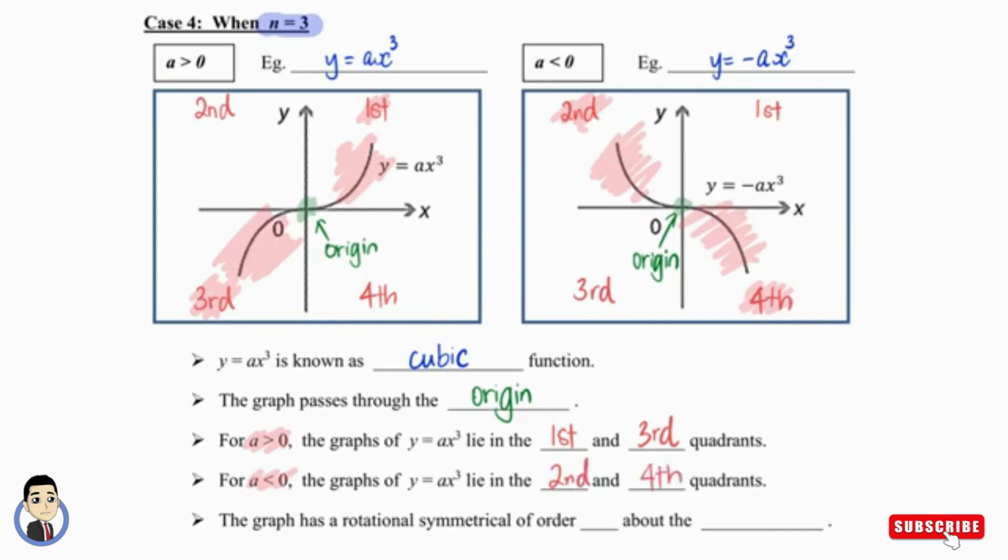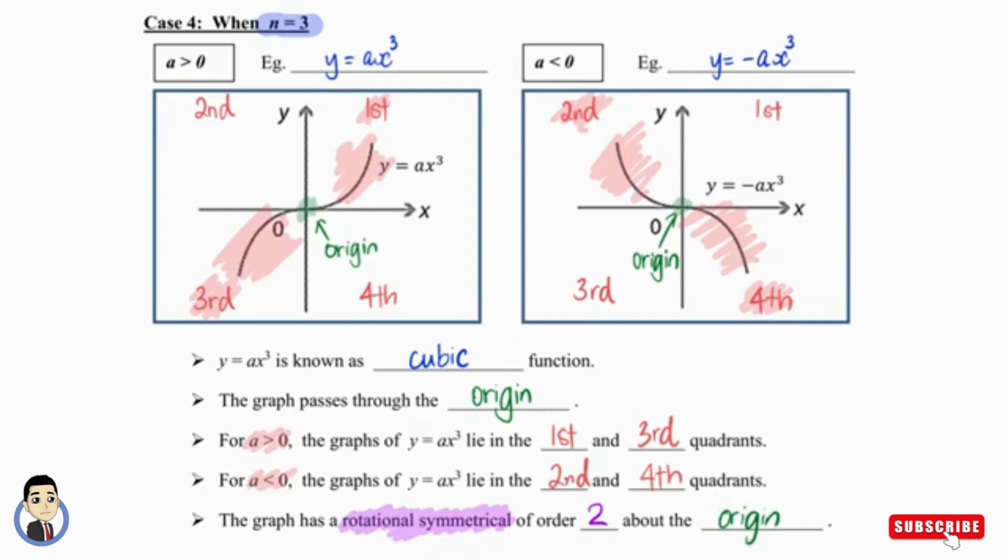quadrants. The last observation that we can see is that the graphs for positive and negative a have a rotational symmetry of order 2 about the origin. Again, this origin came out again.